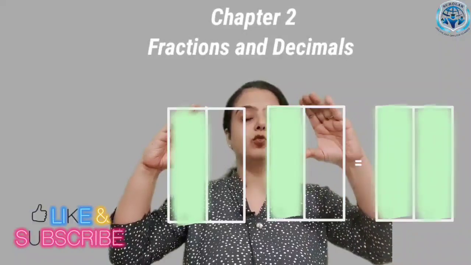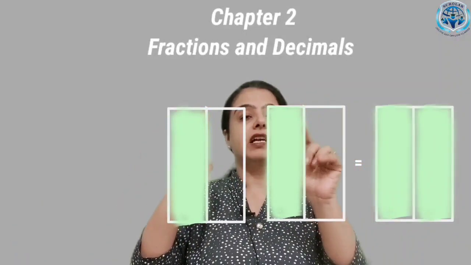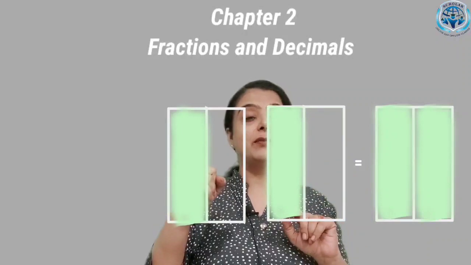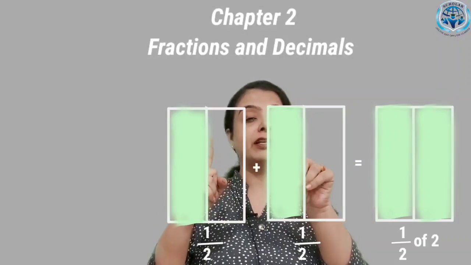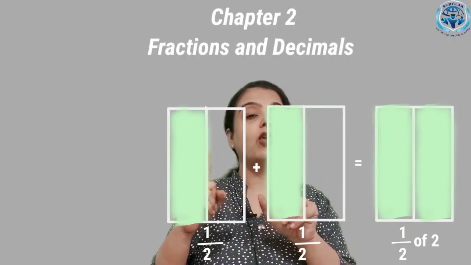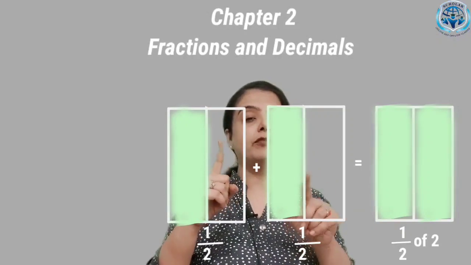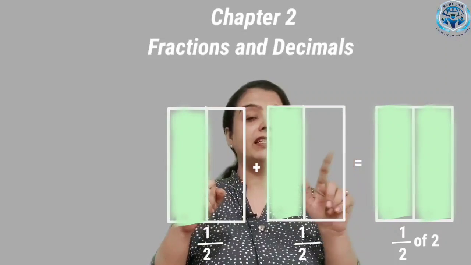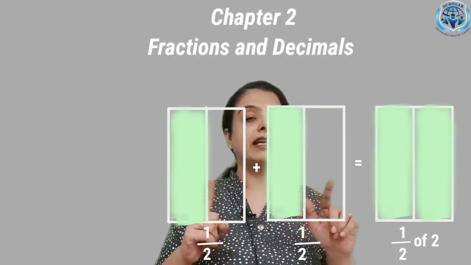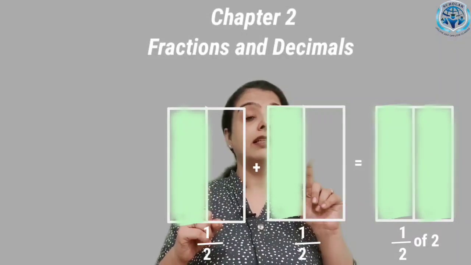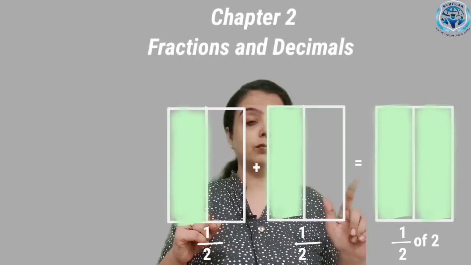See these two parts, half and half is equal to full. This is 1 by 2 of 1, this is 1 by 2 of 1. Combining both, we get half of 2. That means 1 by 2 plus 1 by 2 is equal to 2 times 1 by 2. That means half of 2.